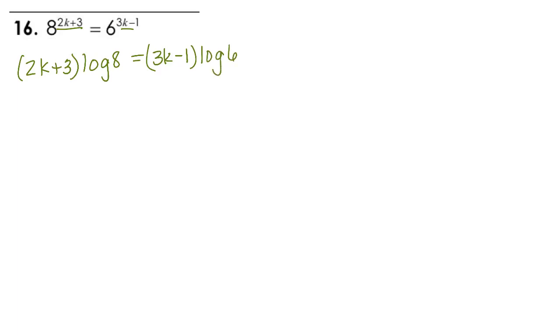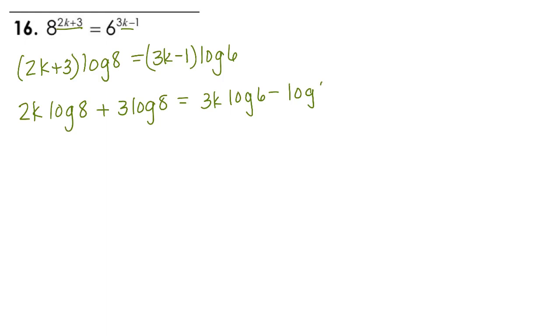And again, we cannot divide by that log because of the variables. So we're going to do our distributive property and nothing's going to combine, so we're just rewriting a lot of this: 2k log 8 plus 3 log 8 equals 3k log 6 minus log 6.